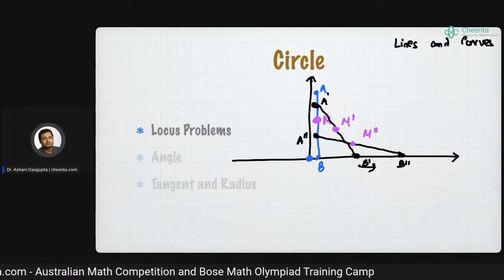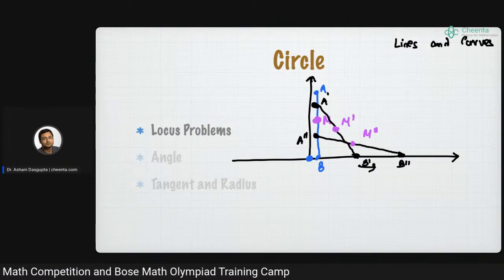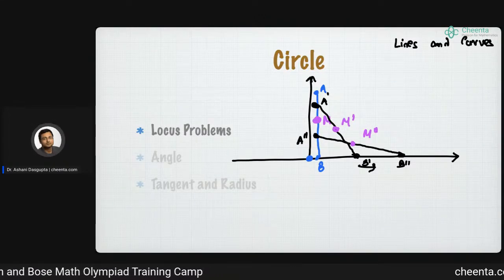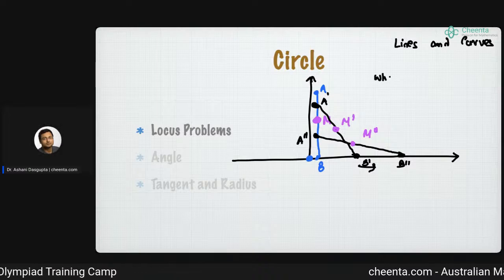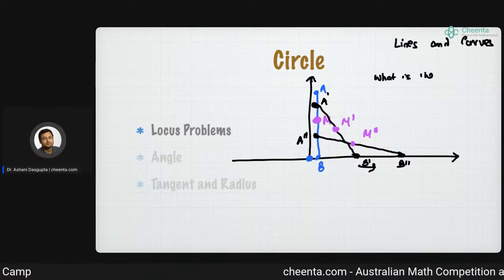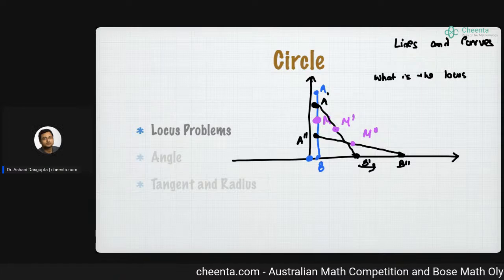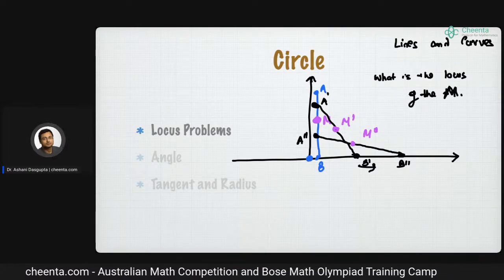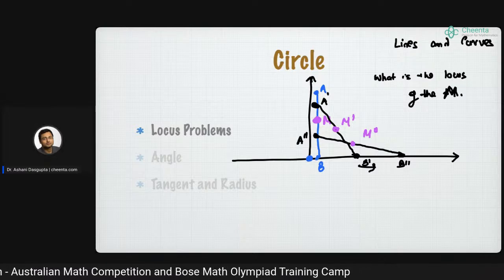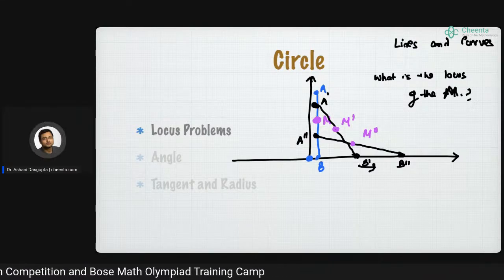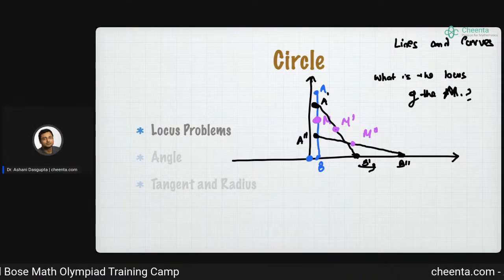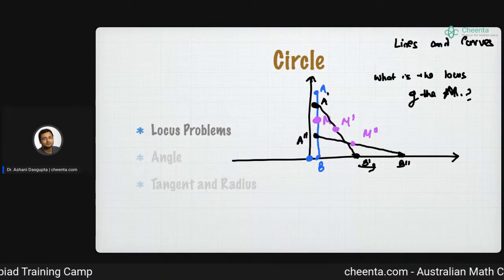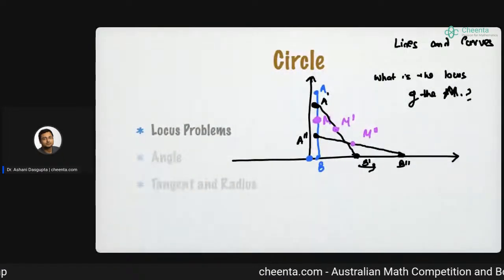One of the questions that you might want to understand is, what is the locus of the point M? One way to think about it is, if you draw all the positions, and if you join the markings of M, what kind of shape will you get?